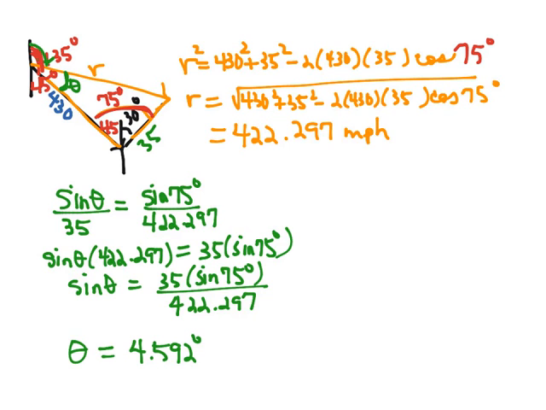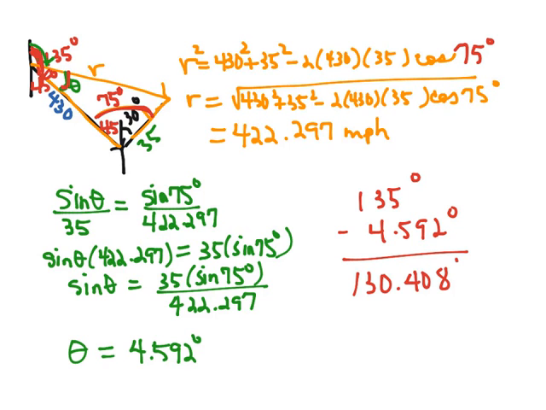So if our original bearing was 135 degrees and theta is 4.592, if we take 135 degrees and subtract 4.592 degrees, we'll get the actual direction of the plane, which is 130.408 degrees. So this is the bearing of our plane, and this is the resultant speed of our plane.